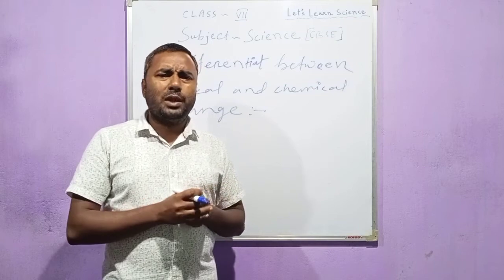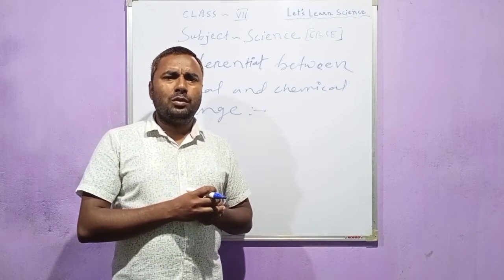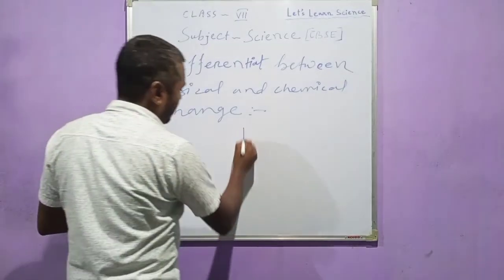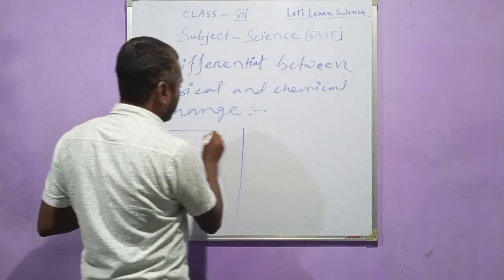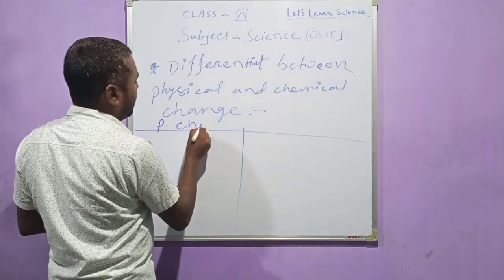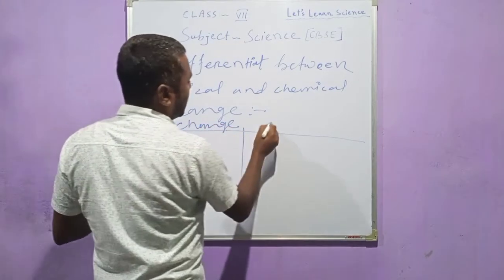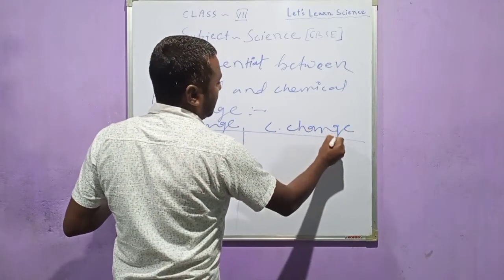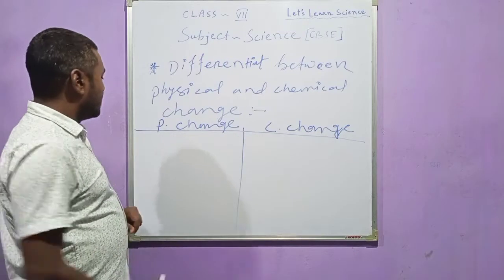In a physical change, what happened? Suppose this is a physical change, I have written in short form, and this is a chemical change. In a physical change, what happened?